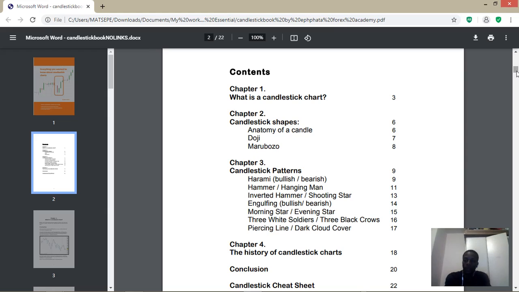The first chapter explains what is a candlestick chart, the second chapter explains the candle anatomy, and the third chapter explains the candlestick pattern. But the most important thing is that once you understand what a candlestick is, you can apply this knowledge on your Forex chart or your Forex platform.